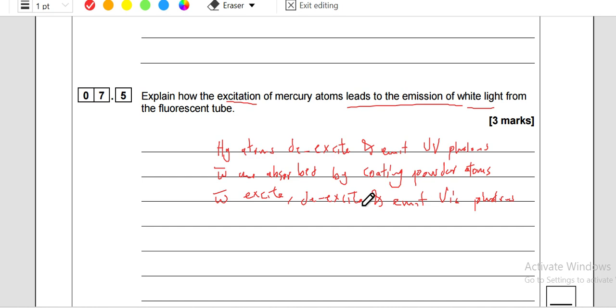These visible photons have different wavelengths, which combine to white light.